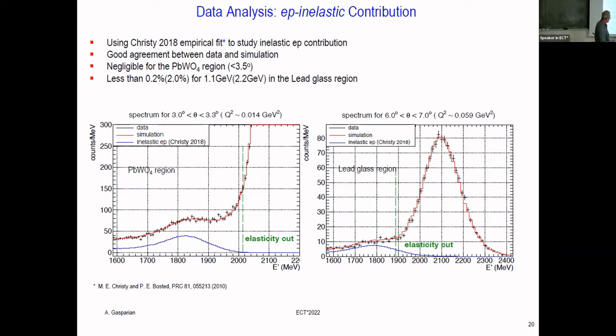But when we go to the lead glass part, where the resolution is 3 times worse versus the crystal part, as you see, this demonstration is just one Q square range. This is our cut level, and we still have about 1-2% contribution when we fit down our P. So that could be questioned, though we use the best model here to fit our background data, as you see, right?